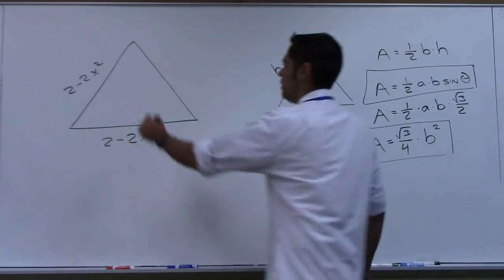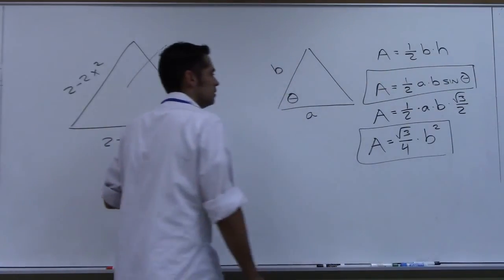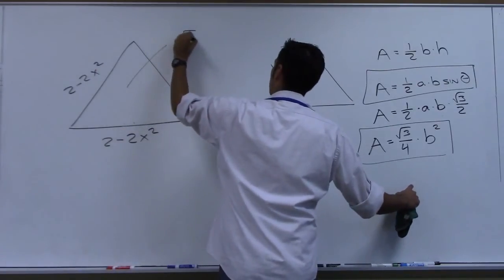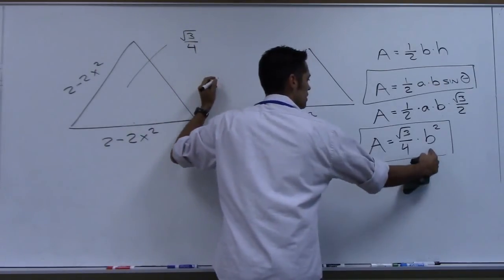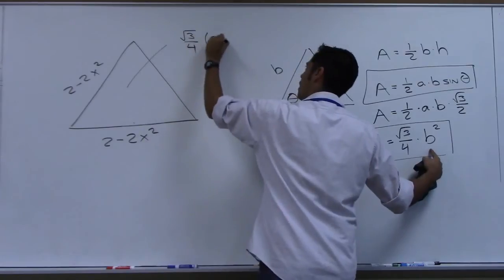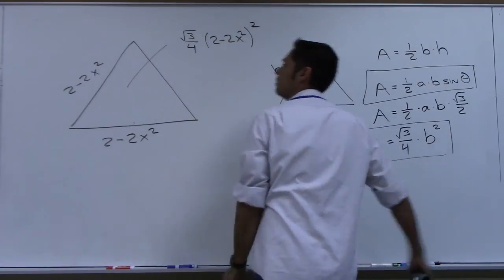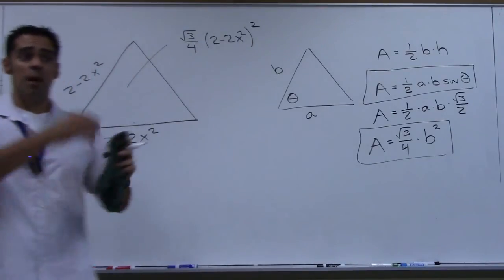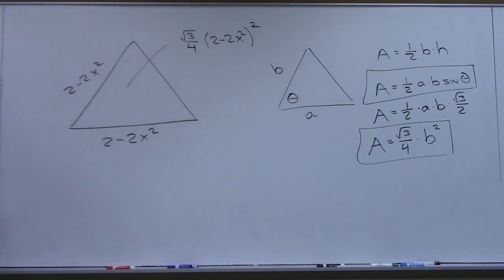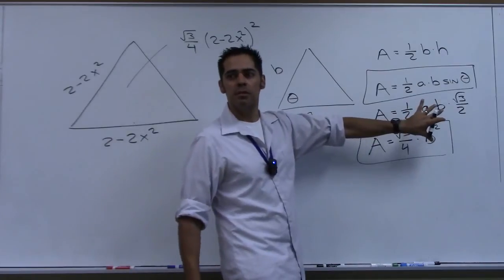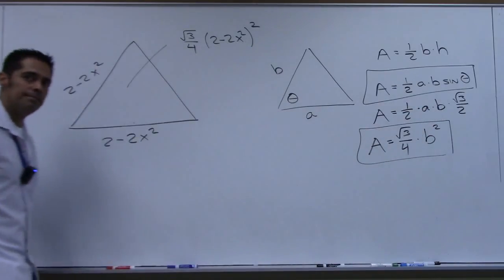So what's the area of this triangle, everyone? Root 3 over 4 times 2 minus 2x squared, squared. If you were to do it the other way with that right triangle, you will get the exact same expression, but it's much less work if we remember this. Okay?